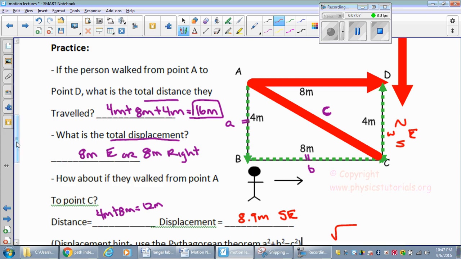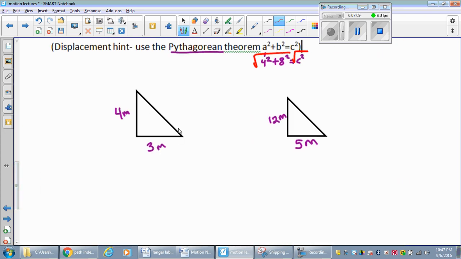Okay, I'm going to do just a couple quick examples real quick. Like, how would we figure this out? So let's say I traveled, again, southeast. So what would be the distance? The distance would be 4 plus 3, 7 meters. But the displacement would be the square root of these, right?